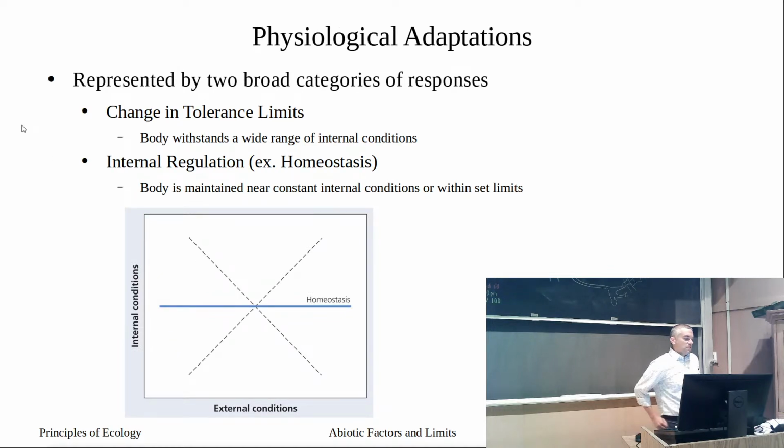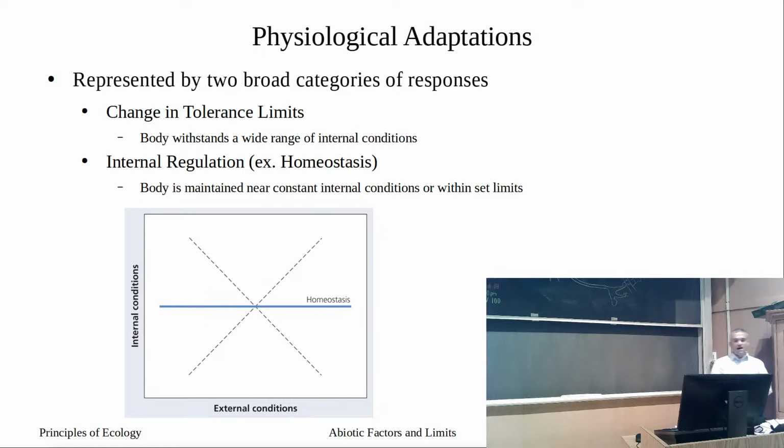When dealing with physiological adaptation, we have two categories of responses. We've got a shift in our tolerance limits. So now we're talking evolution, that our tolerance limits match what you would encounter in a changing climate.